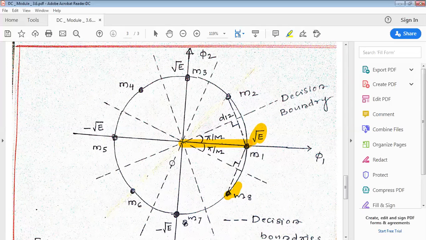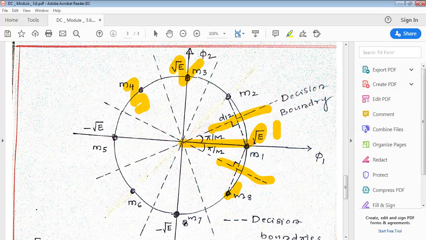Understood? And here this dashed line indicates the decision boundary, right? So any point or information which lies in a given region is decoded accordingly. This part is considered as region 1, this one as region 2, this is region 3, like that.